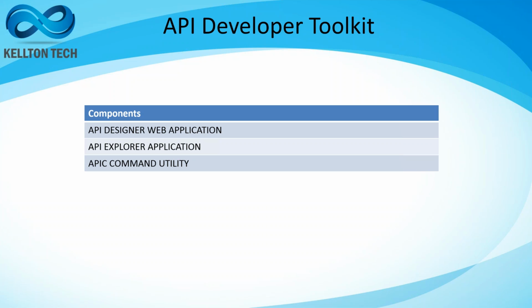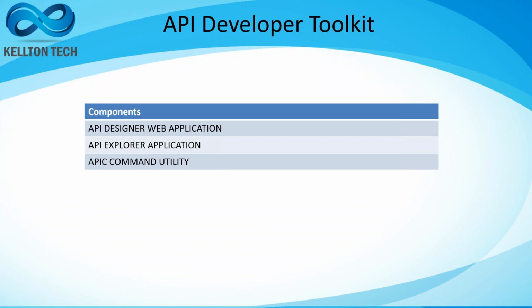The API-C command line utility is the one that defines, generates, and configures your API interface definition and API implementation. You can generate API definitions, gateway configuration in the form of Swagger documents. And the API-C command line utility also facilitates you to publish API definitions, products, and plans to API management servers.